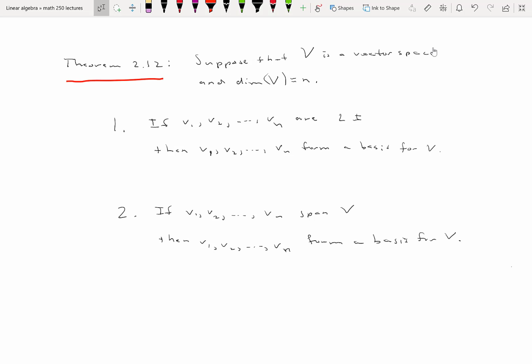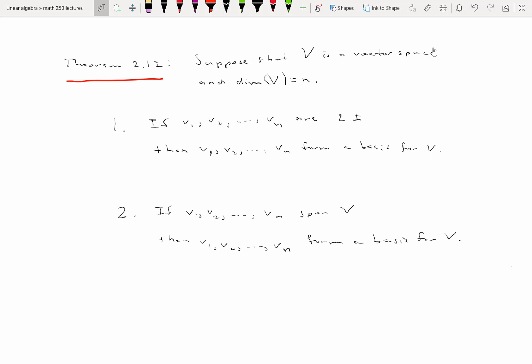We have to know the number of vectors in any basis to begin with. Once we have that, then all we have to have are n vectors, and those n vectors are either linearly independent or span. We don't have to show both things.